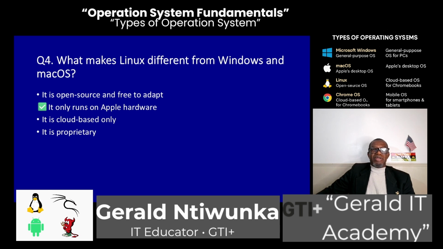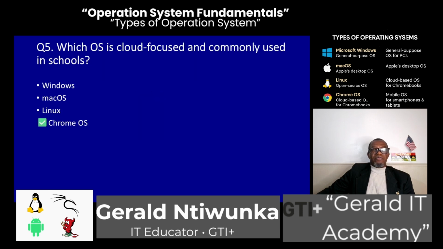Now, what makes Linux different from Windows and Mac OS? What makes them different is that it only runs on Apple hardware. That is where Linux runs. Number five, which operating system is cloud-focused and commonly used in schools? The Chrome operating system is the answer.